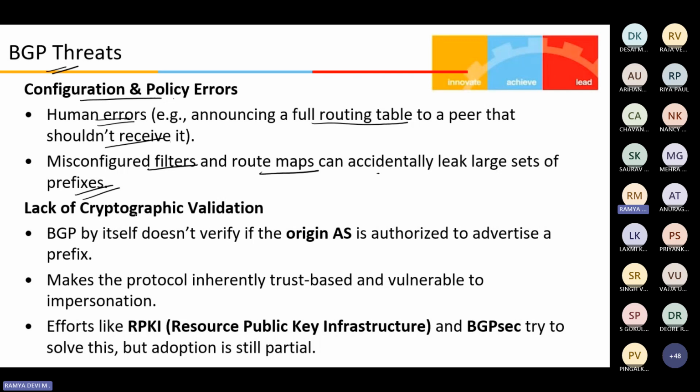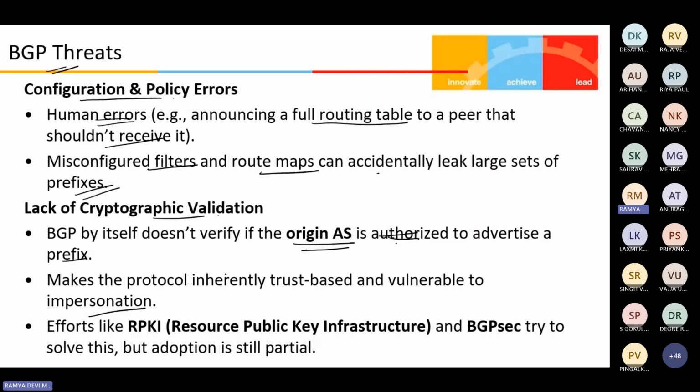And the next one is the lack of cryptographic validation. PGP does not verify whether an autonomous system is authorized to advertise a prefix; this is not validated or verified. The protocol is trust based, so it is vulnerable to injection or impersonation.